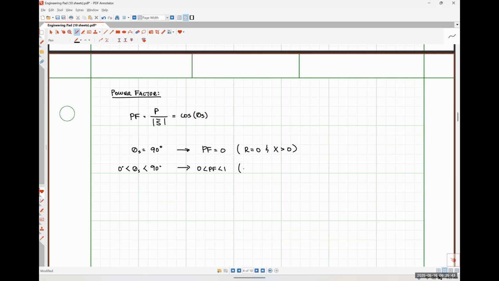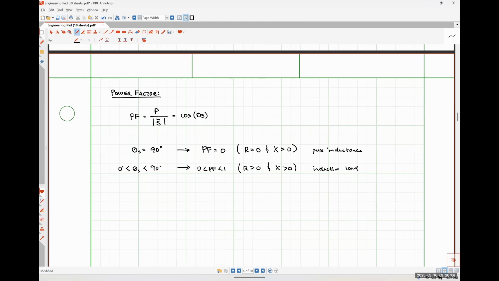So these cases would be where our R is positive and our reactance is positive. So this is just what we would call a regular inductive load, okay?